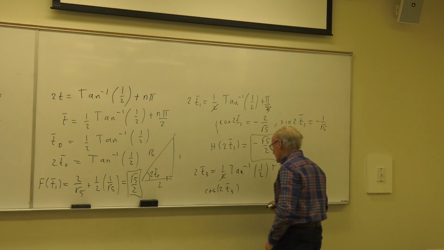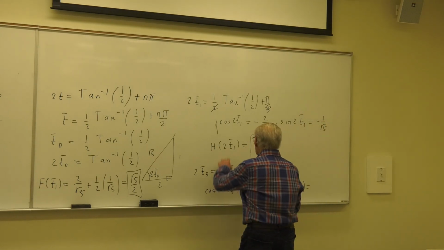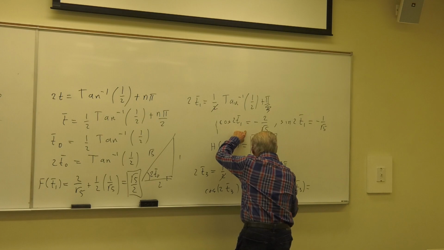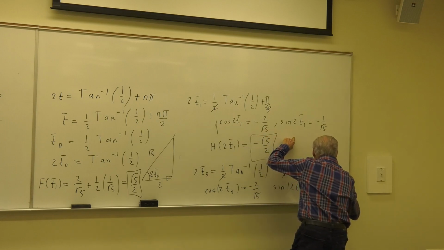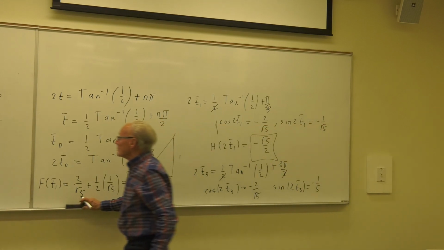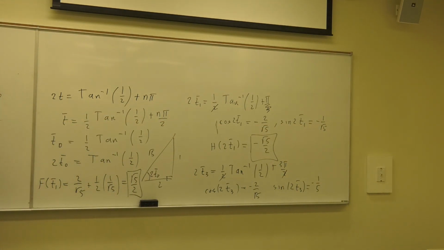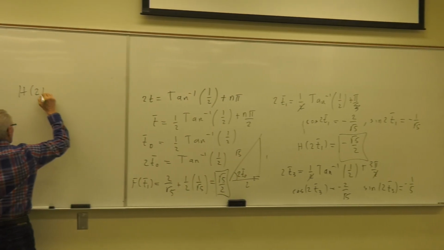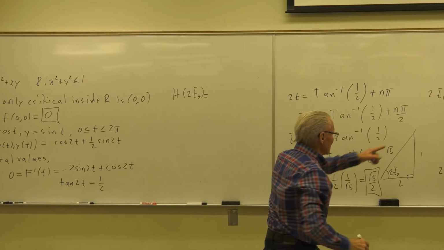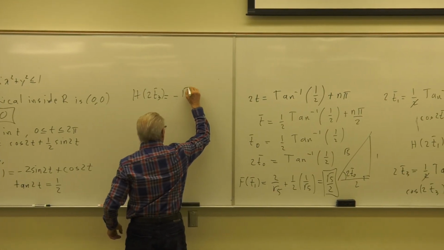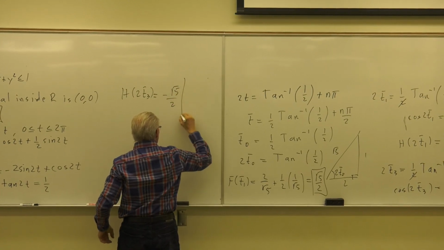The answer is yes. So they're going to be the same as these guys: minus 2 over root 5 and minus 1 over root 5. So then h at 2 t bar 3 is equal to, same as that previous box, minus root 5 over 2.